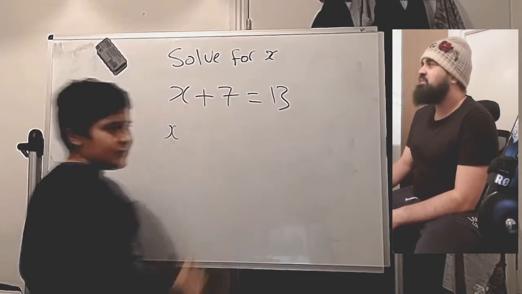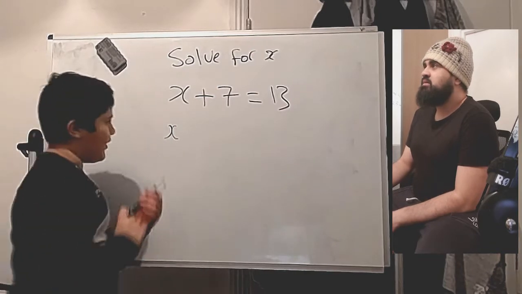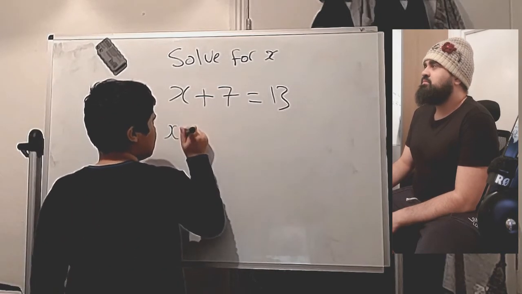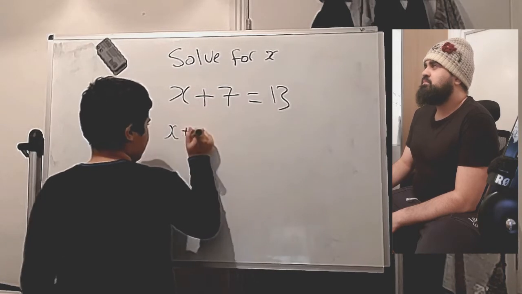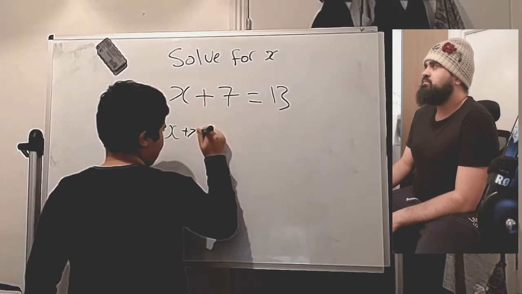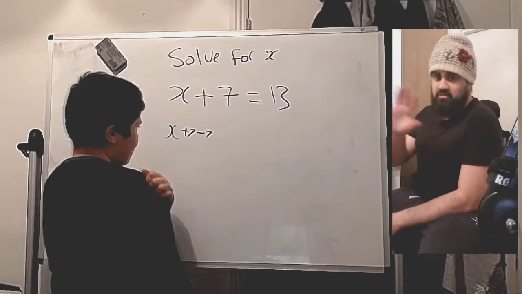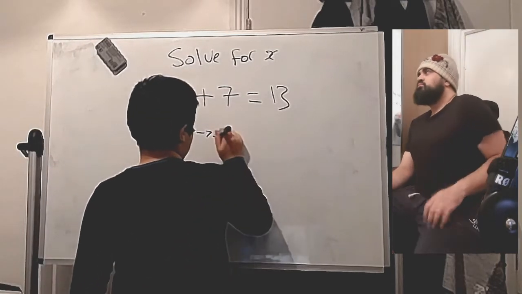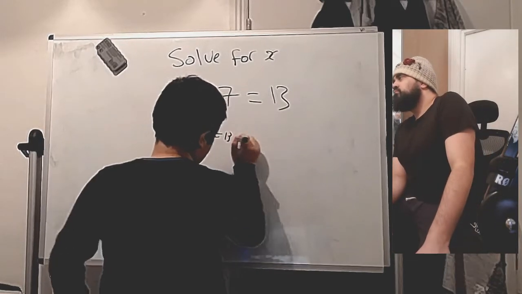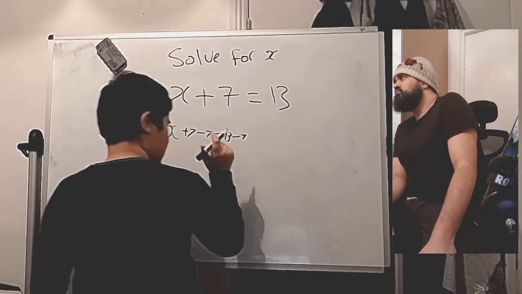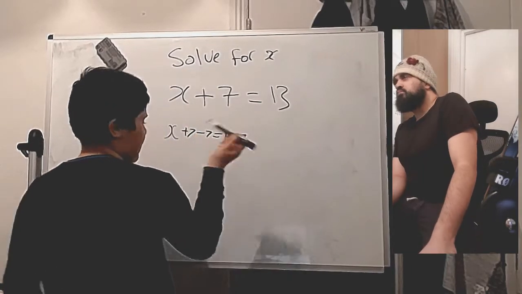Tell the camera what you're doing. I'm first doing x, then plus 7, but after that I'm going to minus 7, so it becomes 0. I'm just going to do 13, then after that 7, because it's the same as the other side.